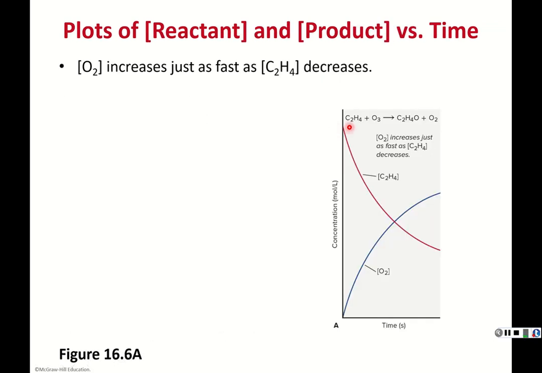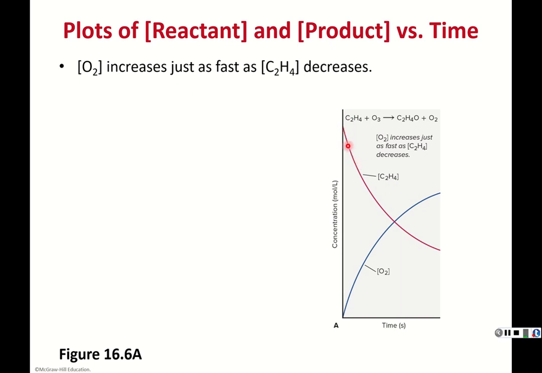We can also plot this out as concentrations of reactants and products versus time. Our reactants start at a higher concentration, in this case for C2H4, and over time it decreases.